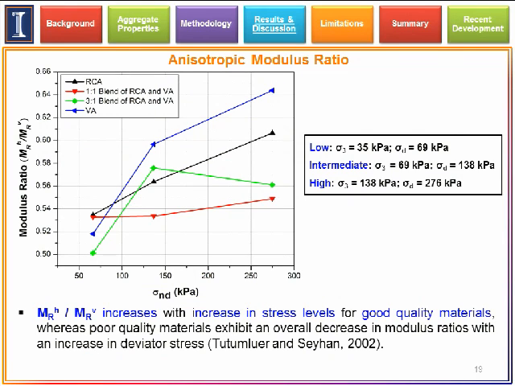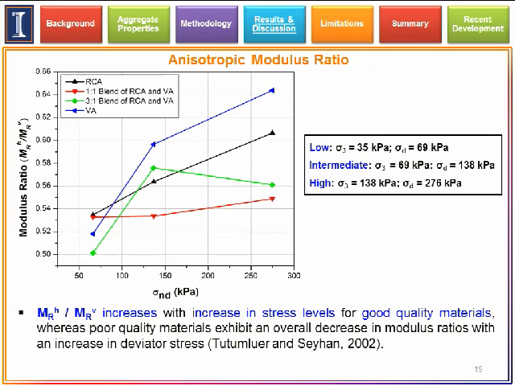Now comes the anisotropic modulus ratio, the MRH and MRV, and this figure tells the ratio at three different stress states: low stress state, intermediate stress state, and high stress state.